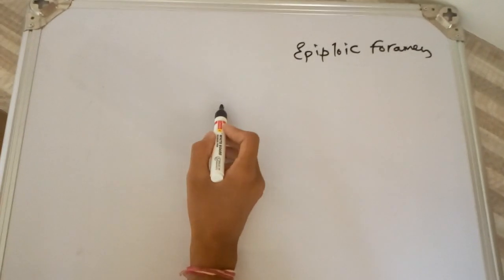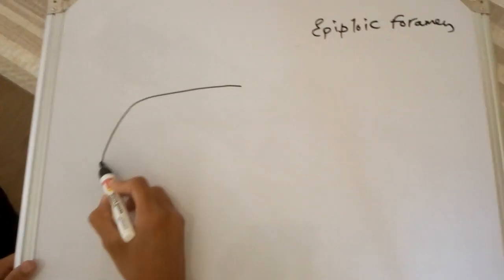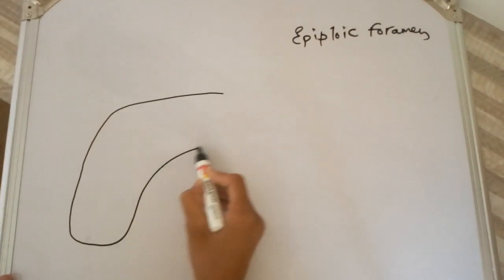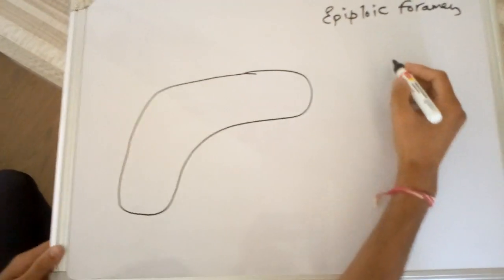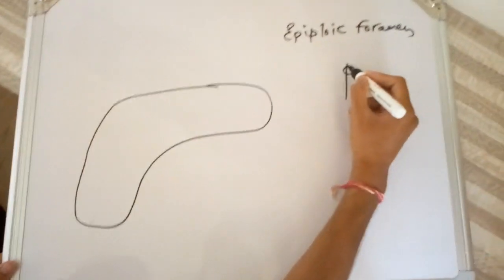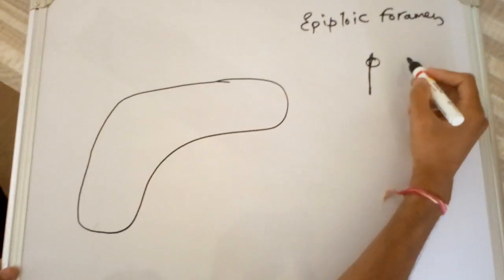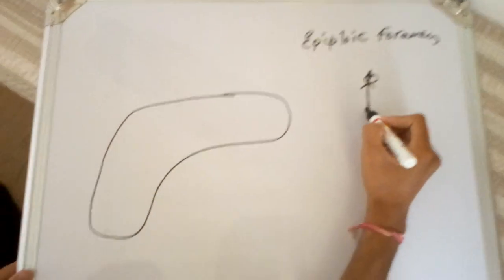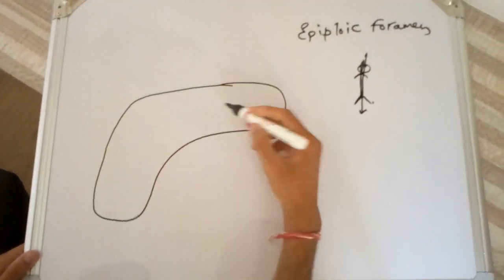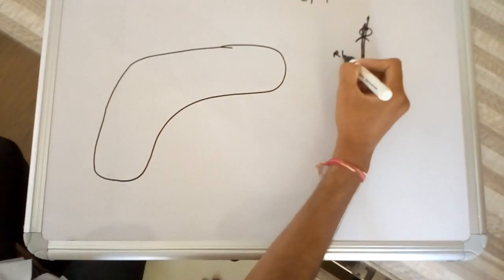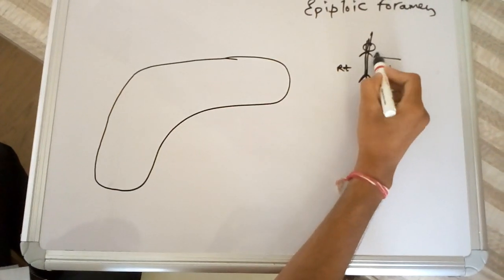So assuming that we have taken a section, this is the liver. When we take a sagittal section of a person, the liver is to the right side of the patient, and we are viewing from this side.